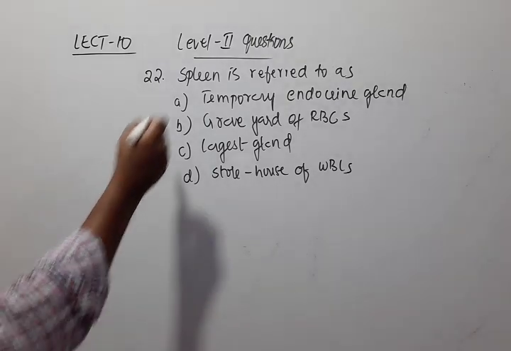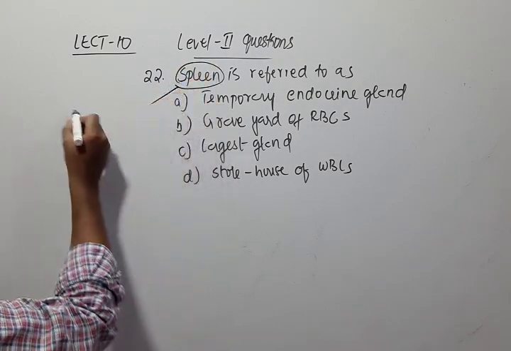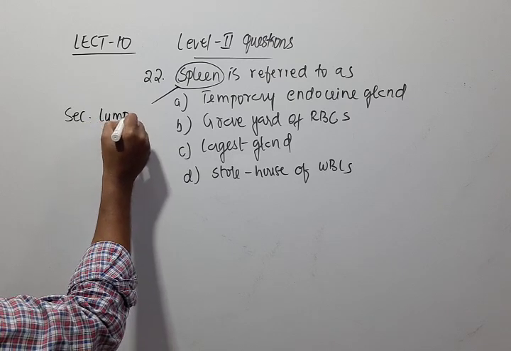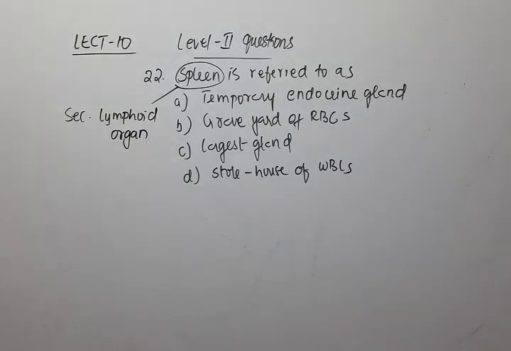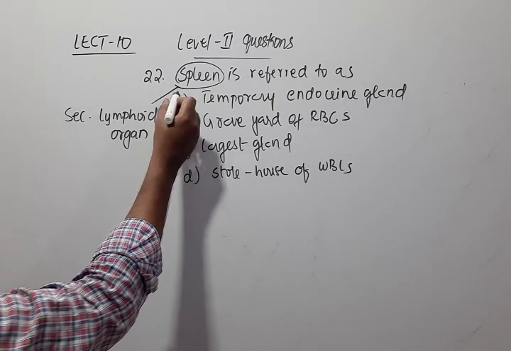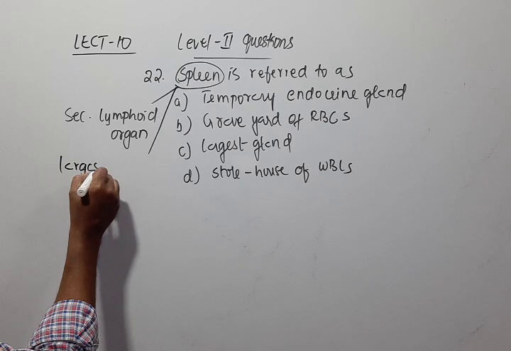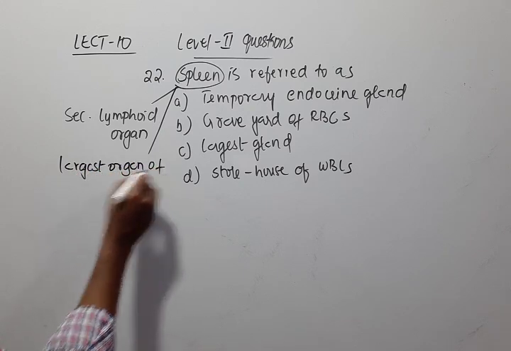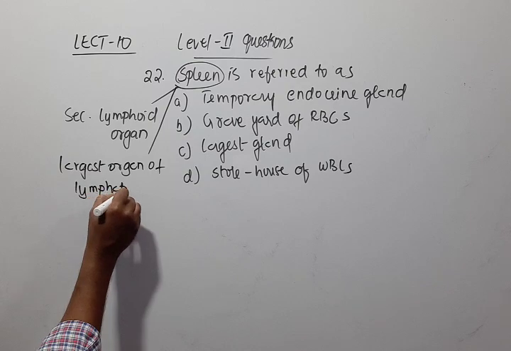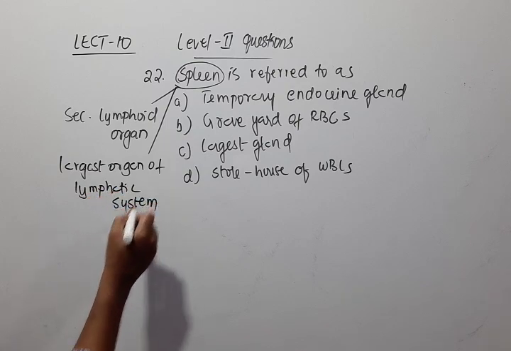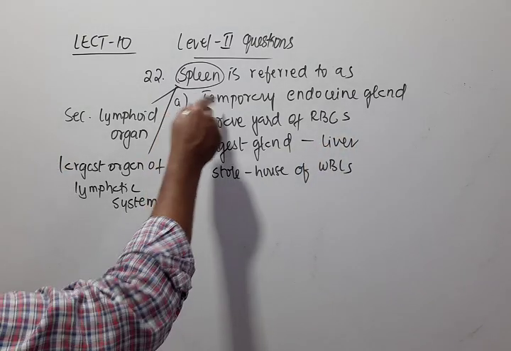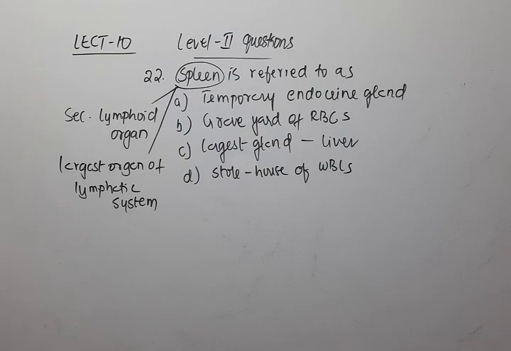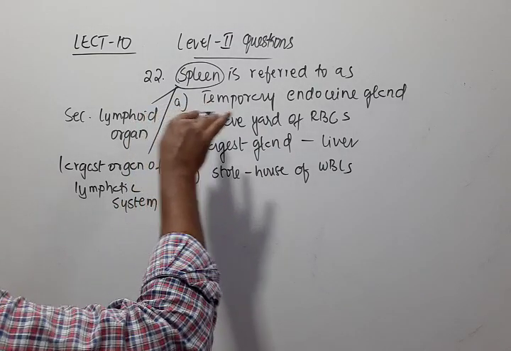Here the spleen is a secondary lymphoid organ, and this is the largest organ of the lymphatic system, whereas the largest gland is the liver. So the spleen is not an endocrine gland. It doesn't produce any hormones. So the first option is not the right one.